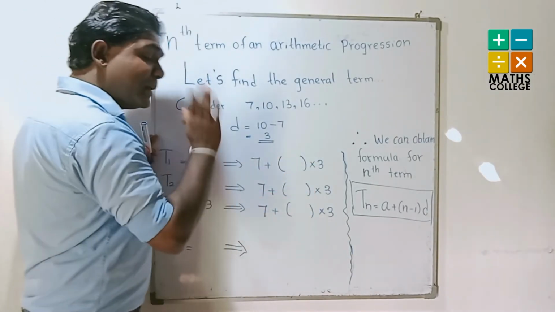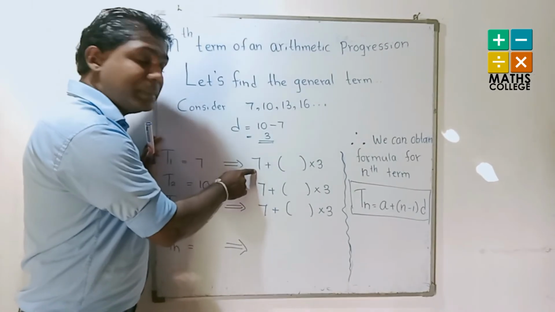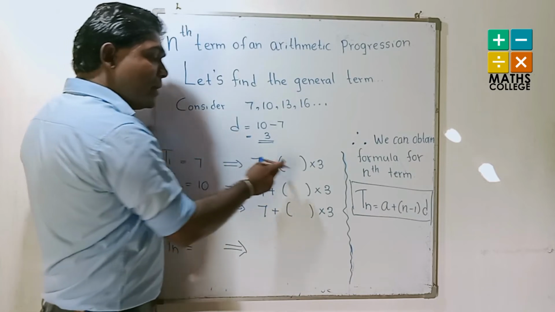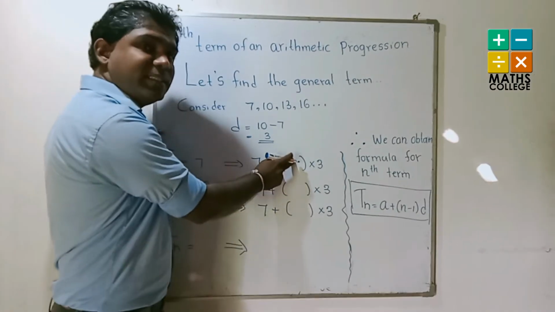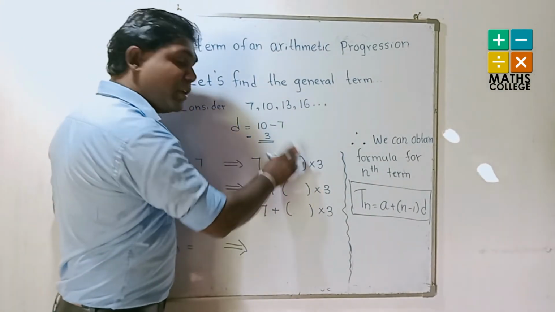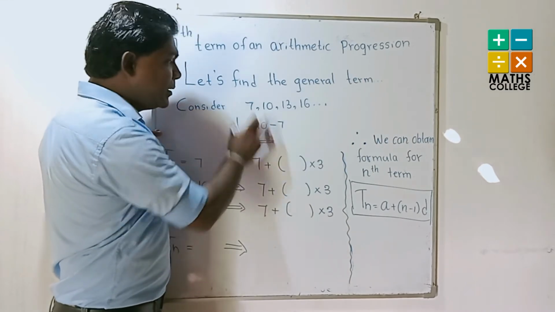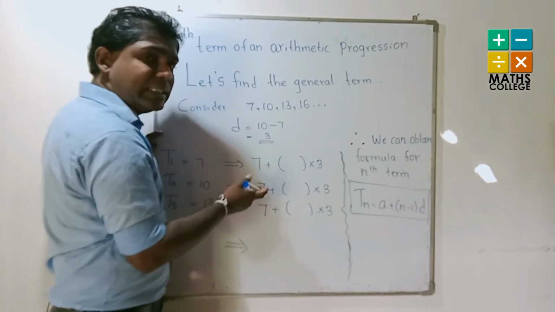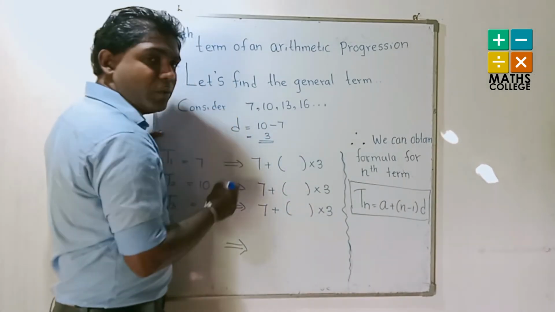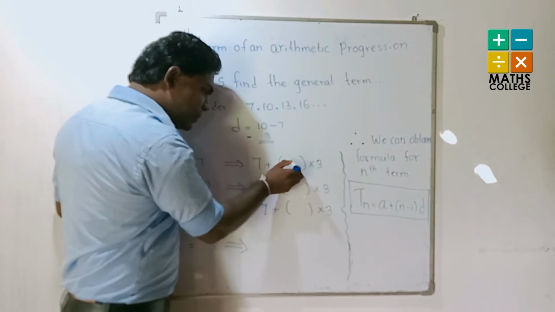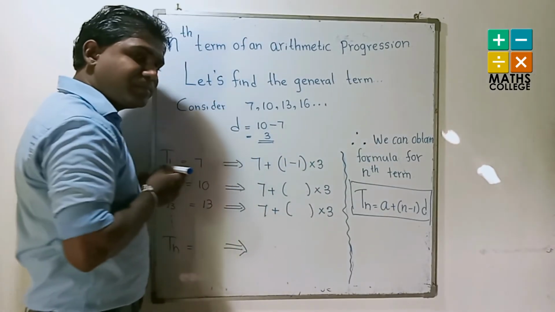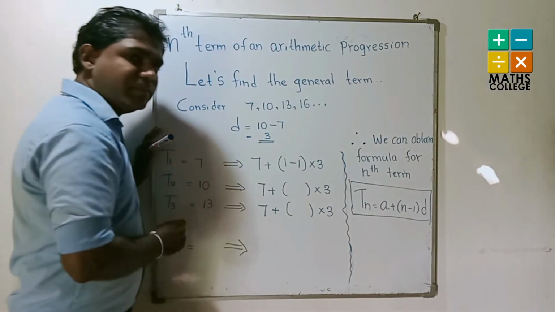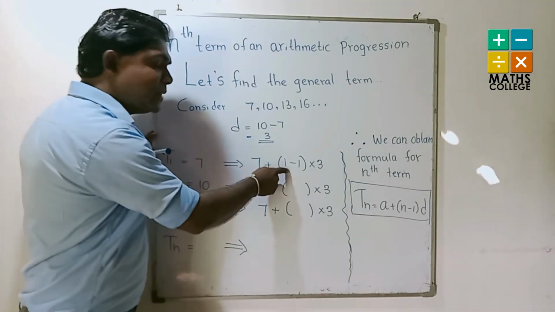Firstly, write the first term, 7. Here should be 0, because 3 multiplied by 0 is 0, and 7 remains. We can write the 0 like this: 1 subtraction 1. Why did I write 1? Because it is the first term.